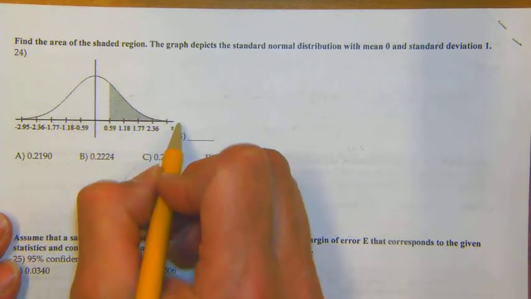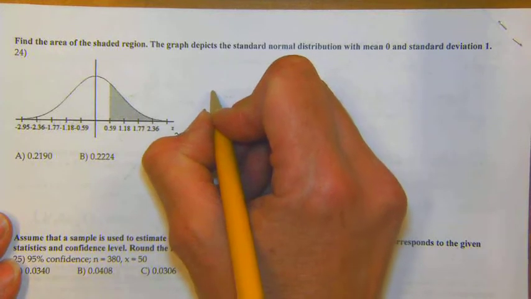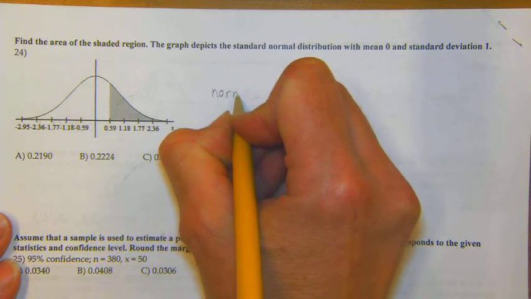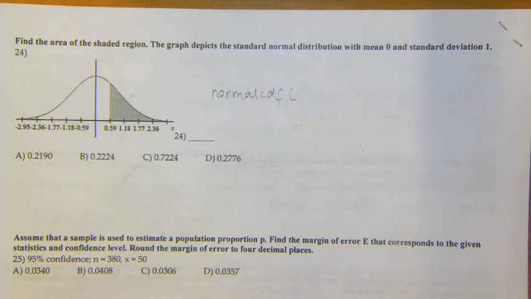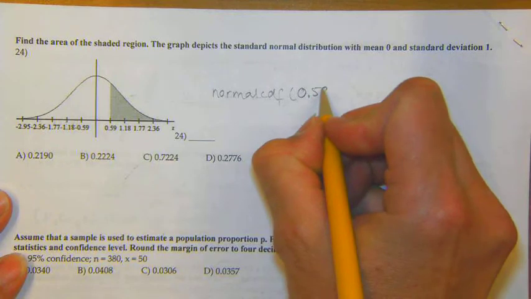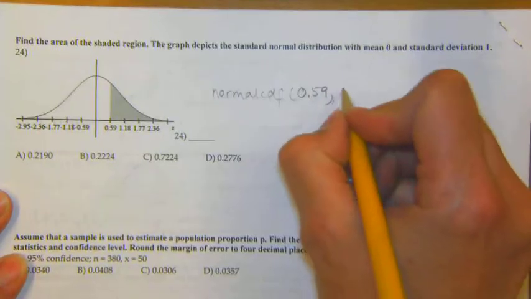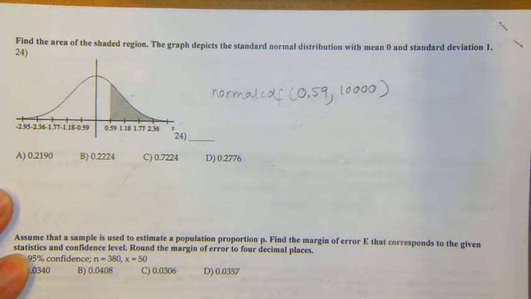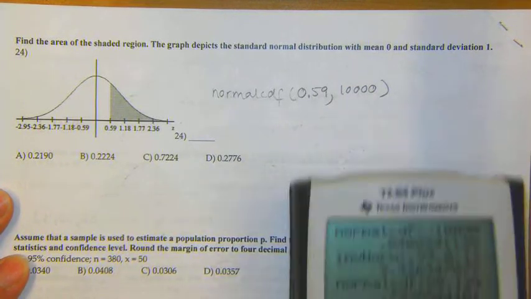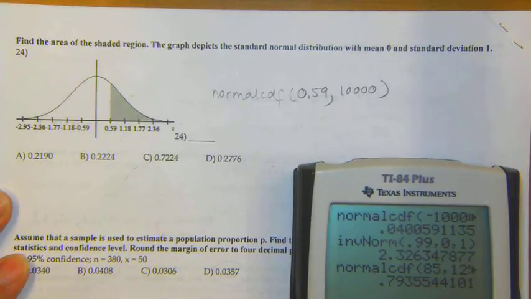We are looking for an area, which means we're going to use the normal CDF, put in our lower z-score, where our area starts, of 0.59, and put in a very large upper value. For example, we can use 10,000. This time, we just leave the mean at 0 and the standard deviation at 1.